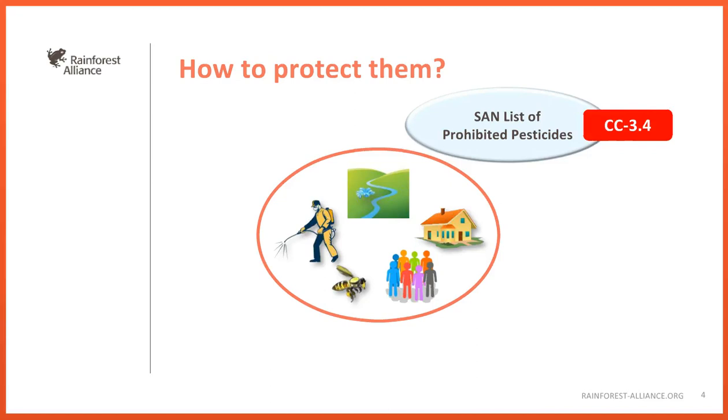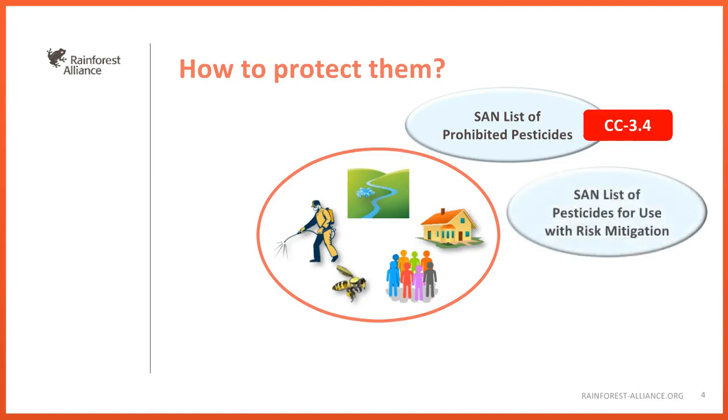Then, you need to respect the SAN list of pesticides for use with risk mitigation, which is in Criteria 3.27 and 3.29. These chemicals are allowed for use, but you need to take a series of measures to mitigate their risks to aquatic life, wildlife, and pollinators.